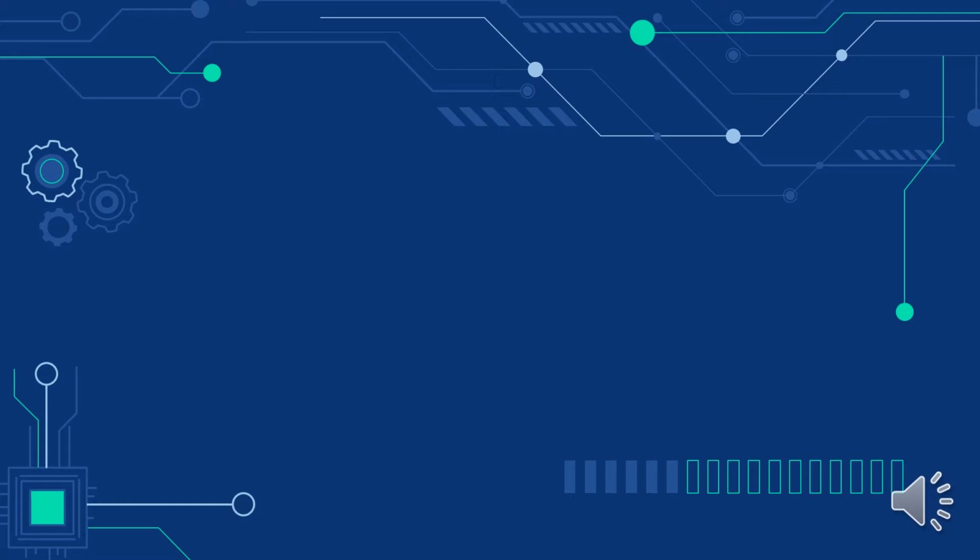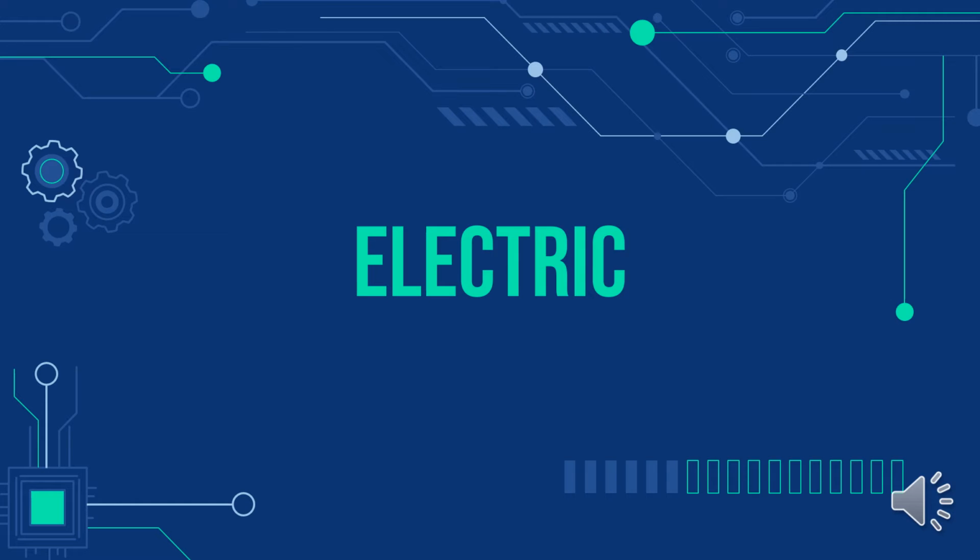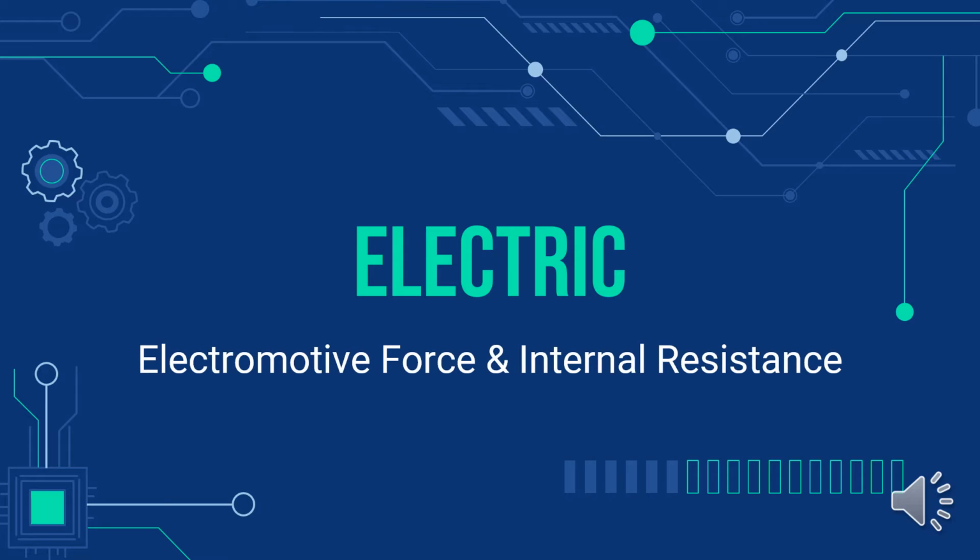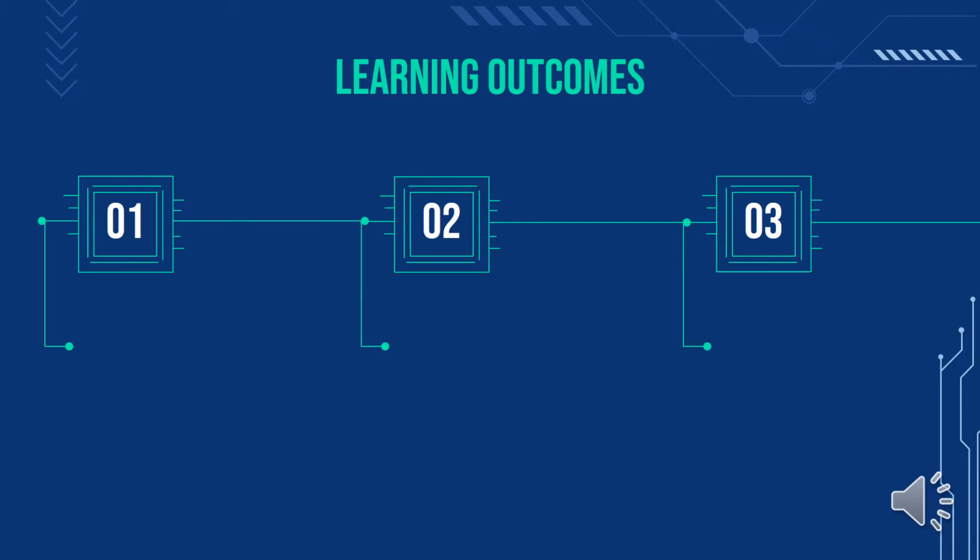So, for the topic of electricity, today we will learn the subtopic of electromotive force and internal resistance. There are 3 learning outcomes that you must know. So, at the end of this video, you must be able to define electromotive force.